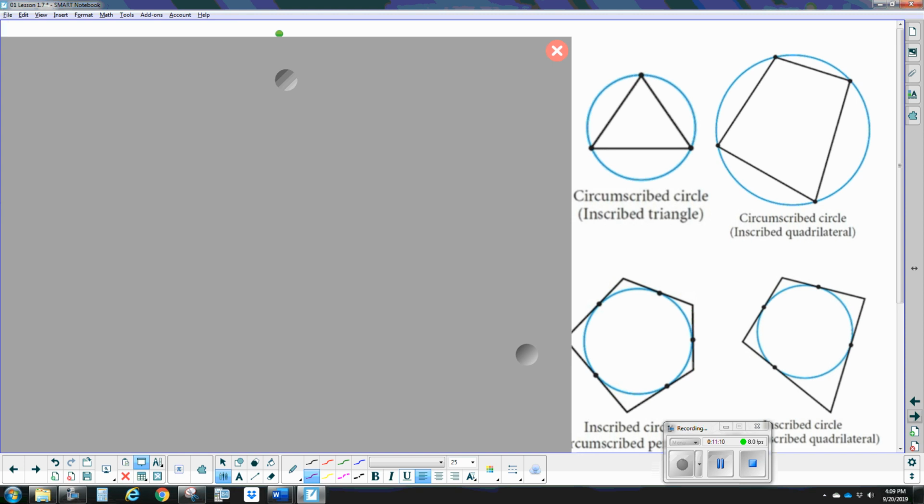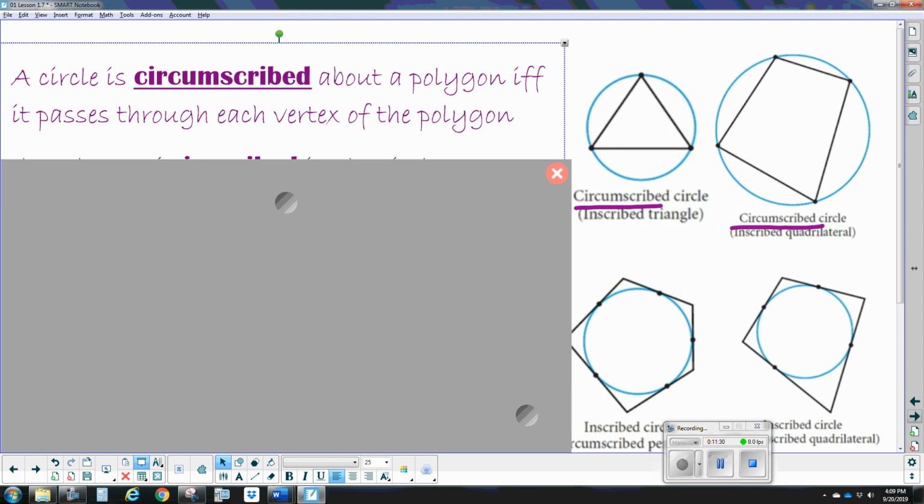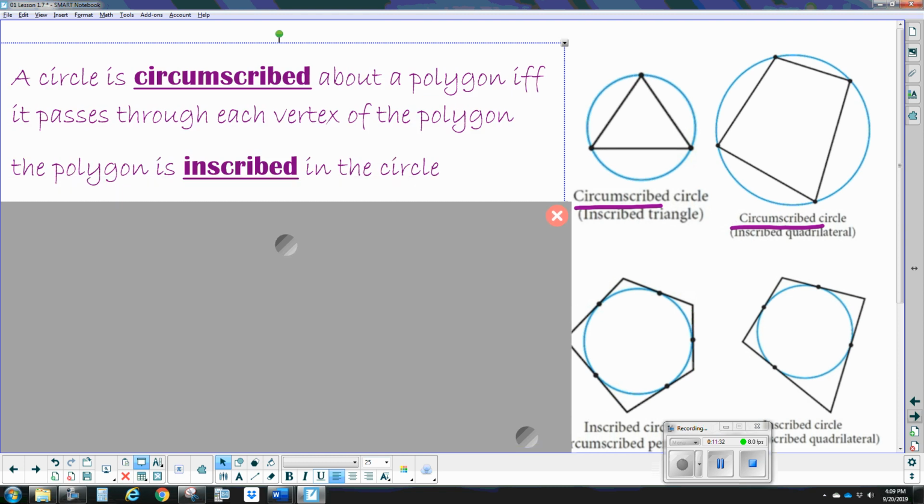So here are a couple examples of things that are circumscribed. Okay, the circle circumscribes the triangle or circumscribes the quadrilateral. So in class, we worked on developing definitions. So the definition that we have for circumscribed is a circle is circumscribed about a polygon.